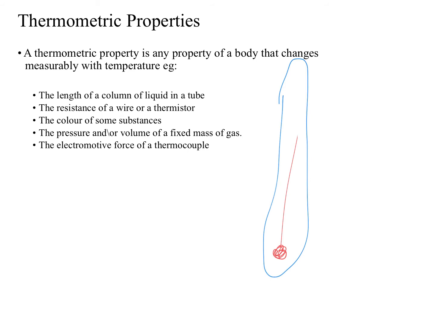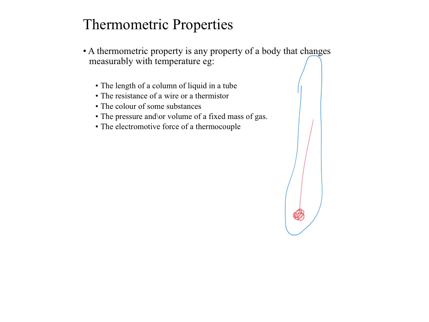So that's the thermometric property you're probably all pretty familiar with. The resistance of a wire or a thermistor is the second one. So if you get a wire and you measure its resistance using some kind of ohm meter or digital multimeter, which you'll learn more about next year, essentially, if you measure its resistance, that resistance will change depending on the temperature.